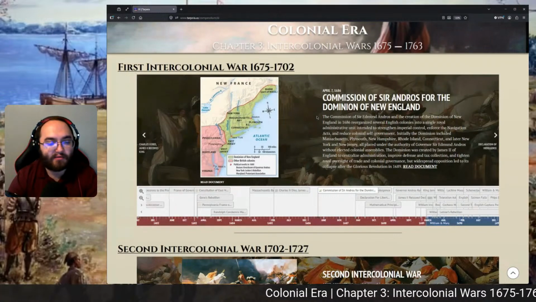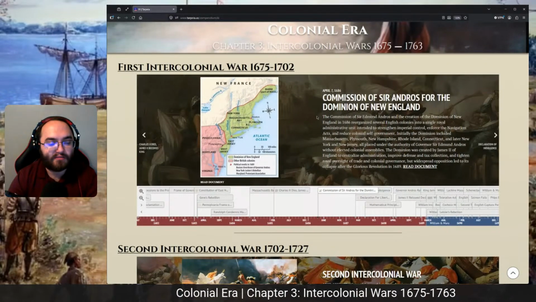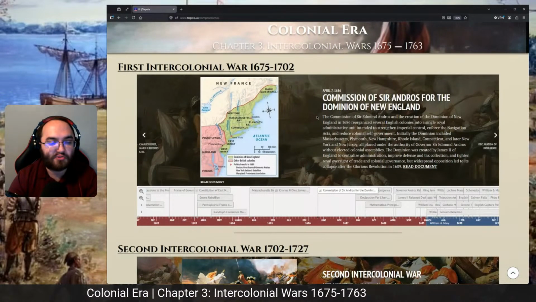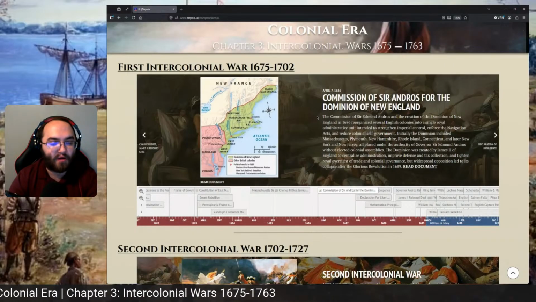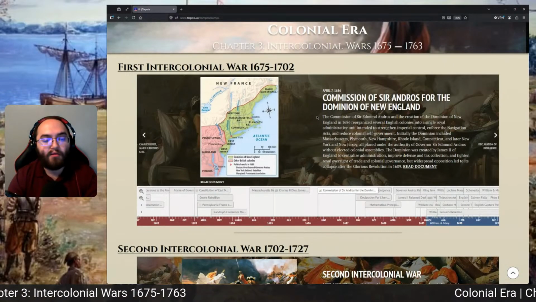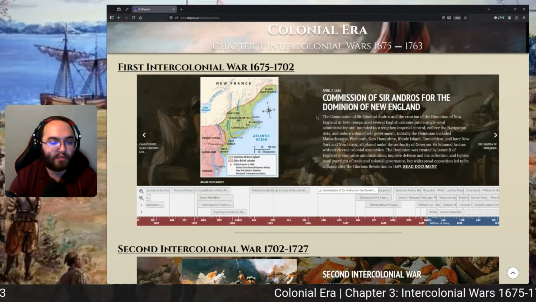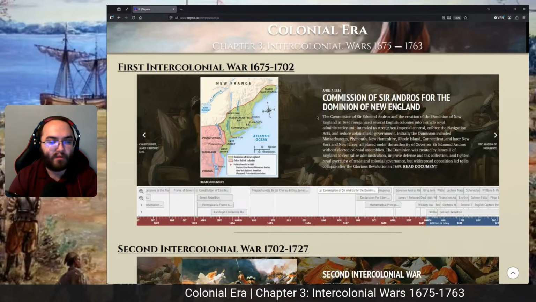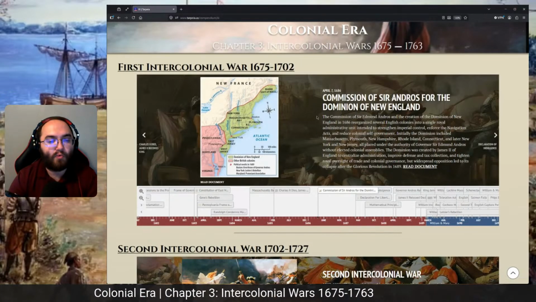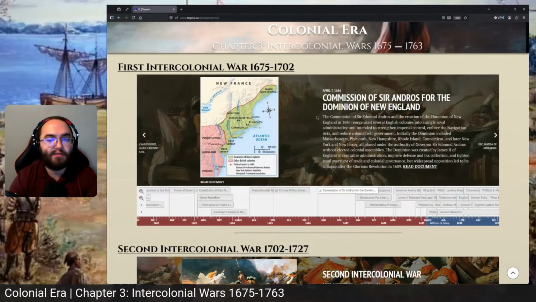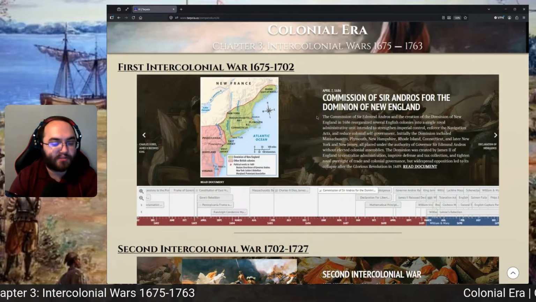And like I said about the dissolution of the Massachusetts Bay Colony Charter, Massachusetts and the broader New England, including New York and New Jersey, will be combined into one colony, and that colony is the Dominion of New England.